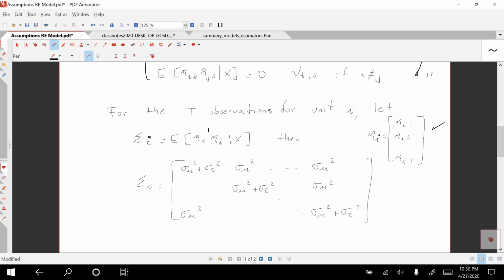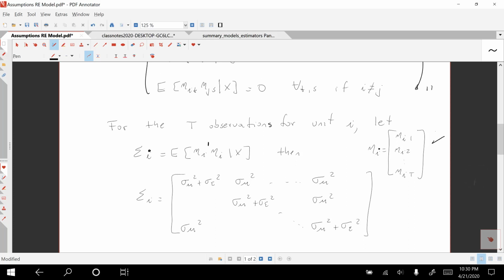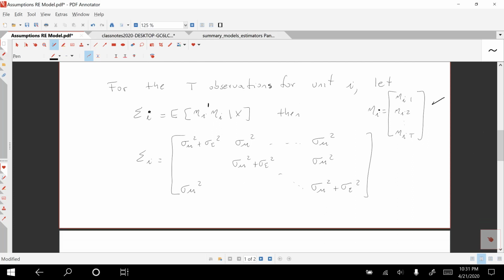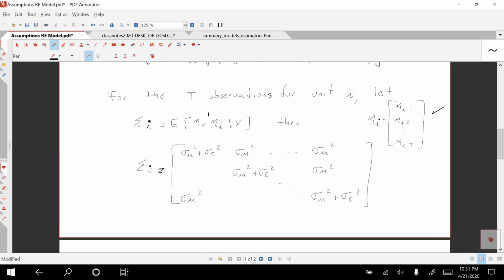If we do that using the previous results, we're going to end up with this sigma i matrix, where the diagonal elements are going to be the sum of the variances of the errors, and off the diagonal we're going to have the variance of the individual error term.